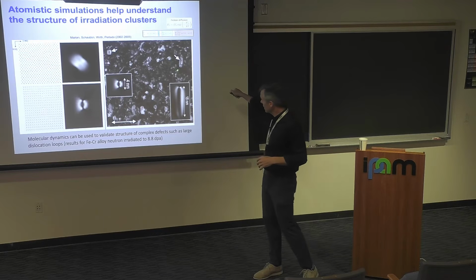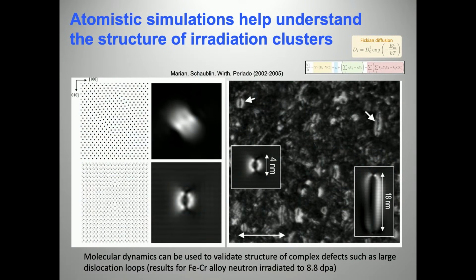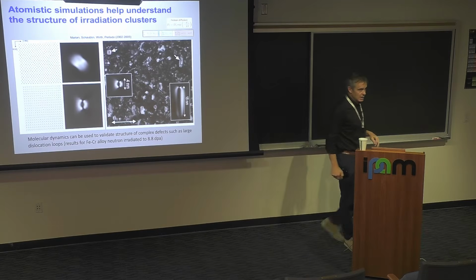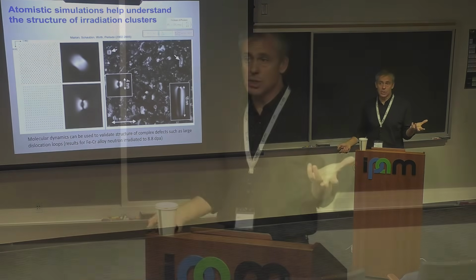So we have to really cut that out, isolate any one of these structures that you see here and simulate them separately. So we do a divide and conquer type of thing. Again, the approach is not infallible, it's not perfect, but at least qualitatively we can say some things about these defect structures using molecular dynamics.